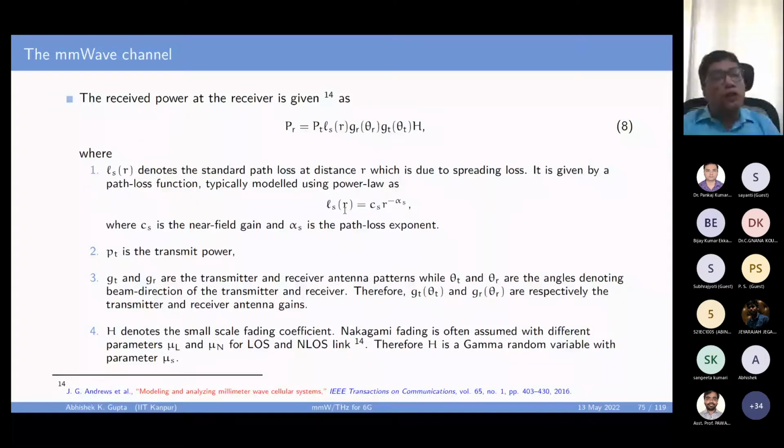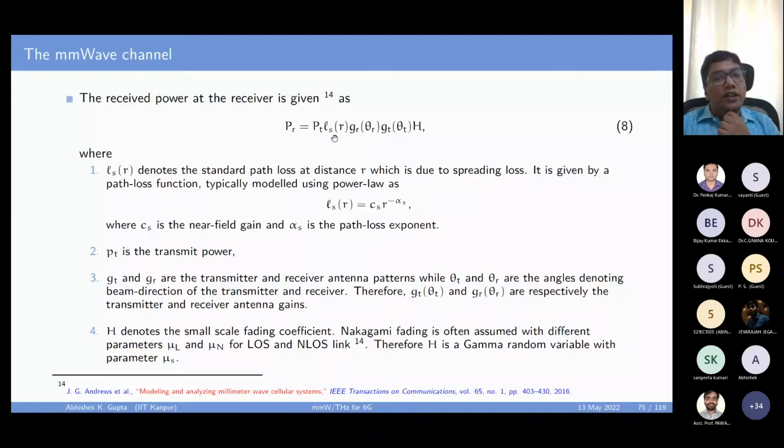A very popular model for path loss is the power law, where you assume that with distance R the power decreases as C_S times R to the power minus alpha_S. R is the distance, C_S is the near field gain, and alpha_S is the path loss exponent. These are different for line of sight and non-line of sight links.